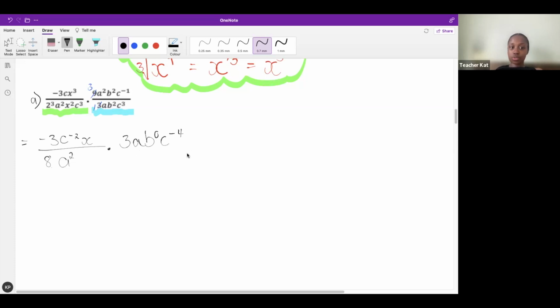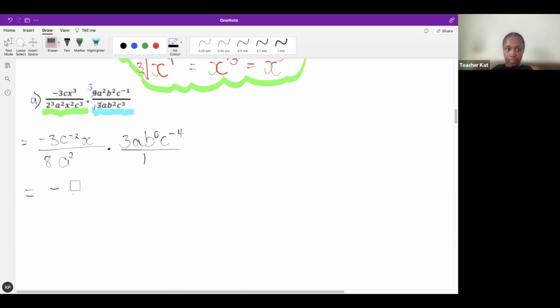So I'm not going to write it. Actually, let me just write it because we're about to multiply. So now we've divided and we have to multiply. I'm going to start in my numerator. A negative times a positive is going to give us what type of answer? It's going to give us a negative. 3 times 3 is 9. And then we have a that doesn't have a partner. And then b.